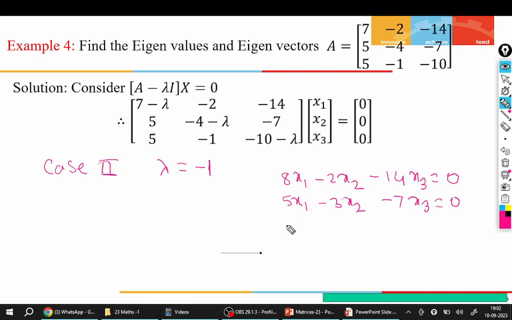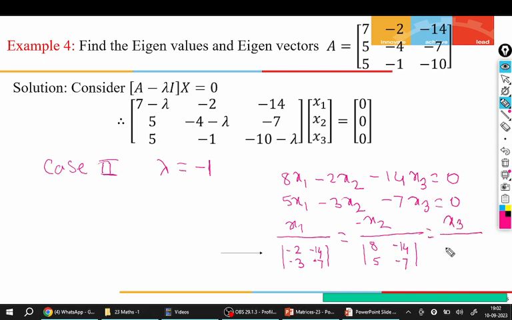Use Cramer's rule. Say x1 upon the determinant of -2, -3, -14, -7, equals -x2 upon the determinant of 8, 5, -14, -7, equals x3 upon the determinant of 8, 5, -2, -3, equal to t. So this will give us x1. Solve this determinant now.